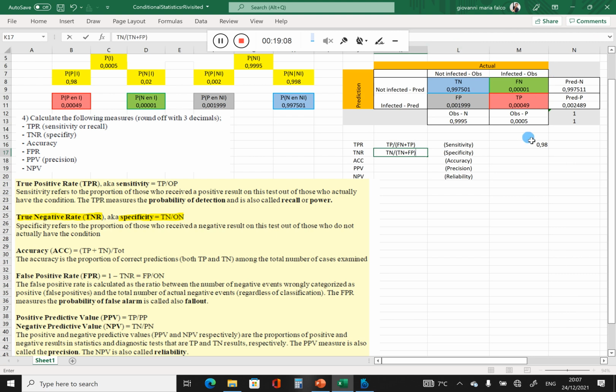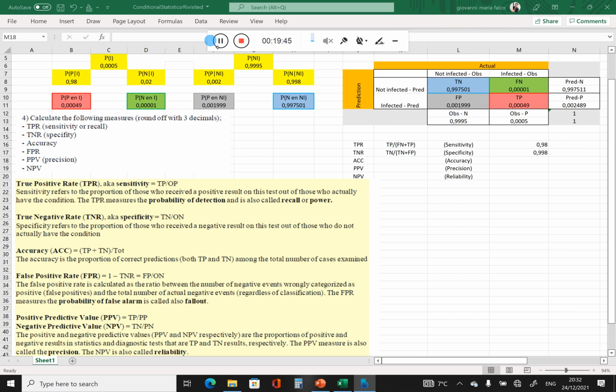And if I consider the numbers in our case, then I get this probability divided by the same probability plus this other, and also I get a very high probability of 99.8%. Okay, and what is the specificity? If I look at the definition, this true negative rate basically tells me how good the test is in spotting somebody who is not infected.